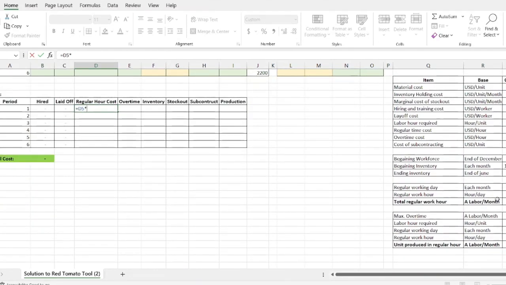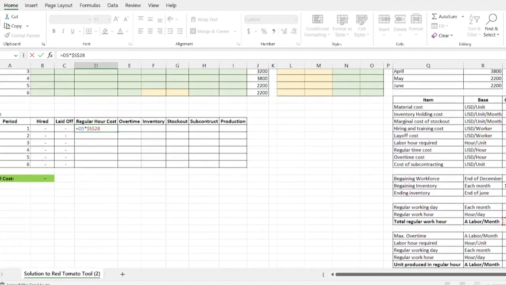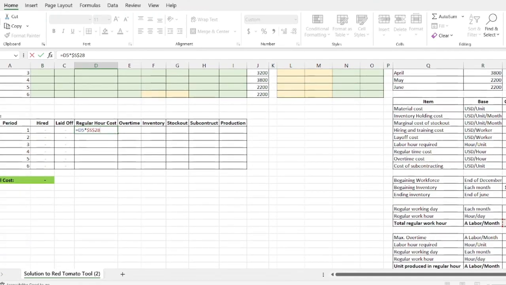How many hours do they work in a month? That is 160. Let's lock it with function 4. And what is their cost per hour? That is for regular time, the cost is 4. Let's press F4 to lock it. Fine. Let's drag it.